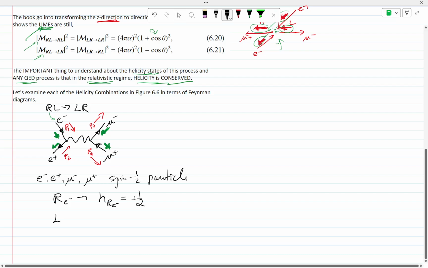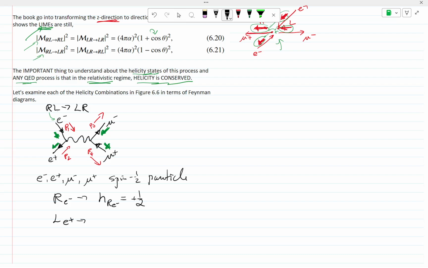A left-handed positron: since it's left-handed, you would think the helicity should have a value of negative 1/2. But remember, when we went from particle to antiparticle, we changed the helicity operator to the negative of the helicity operator.